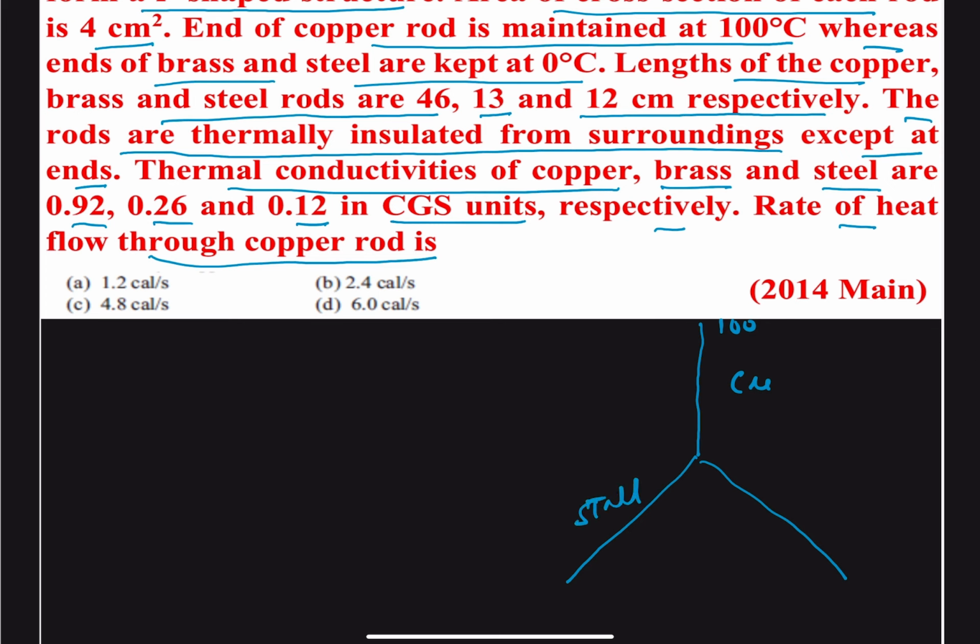Temperature is 0 degree centigrade, and the other end is our brass, and its temperature is also 0 degree centigrade. Let us suppose that this junction temperature is T degree centigrade, and we have to find out the rate of flow of heat through the copper.